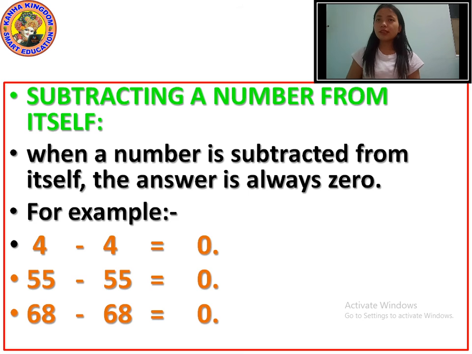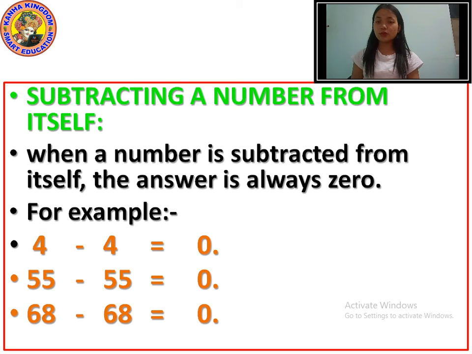So when a number is subtracted from itself, the answer is always 0. And the third example is 68 minus 68. We are subtracting 68 from 68. That means we are subtracting the same number, or subtracting a number from itself.